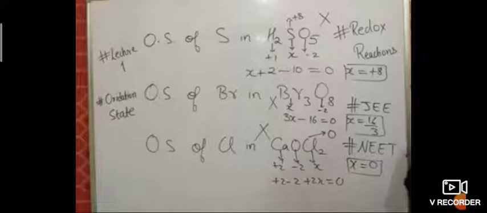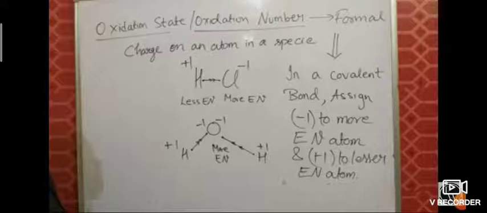But the oxidation state of a particular element will differ. So we have to calculate the oxidation state of a particular element by using its structure. Look at this: change of an atom in a species. Here hydrogen chloride is there.